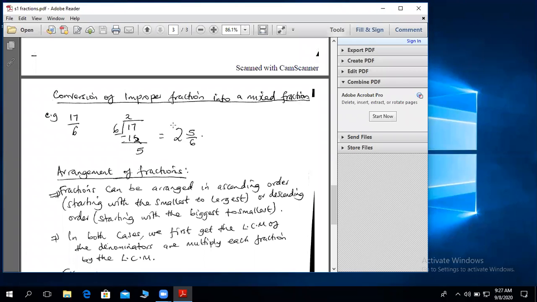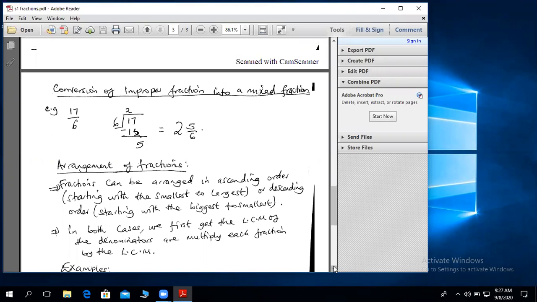So this is the mixed fraction. In other words, when you convert an improper fraction to a mixed fraction, the numerator of the fraction part will always be the remainder. Now let us move on.